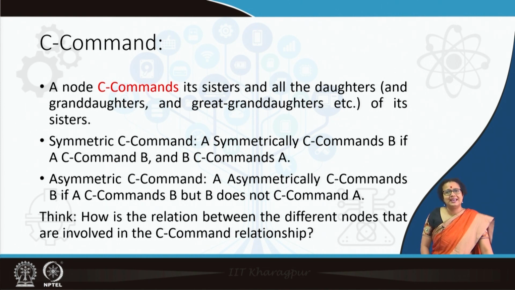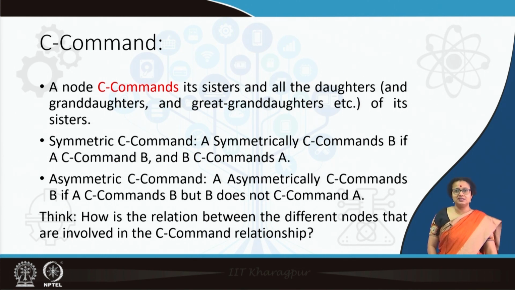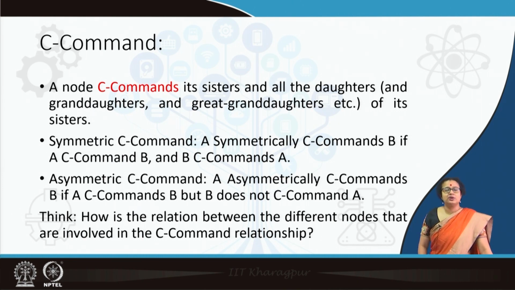We can say A symmetrically C commands B if A C commands B and B C commands A. So, if we go back to the definition of C command, we can see that A can C command its sister, right. So, if B is a sister of A and A C commands B, B will also C command A because it is the sister relationship. So, it has to be understood by us.